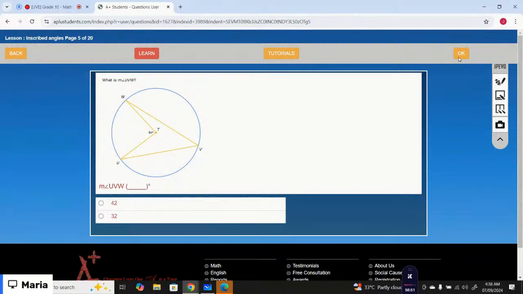What is the measurement of angle UVW, which is the correct option? The correct option is, angle V is half of angle T, right? So that is 42 degrees. Option number 1 is the correct option.